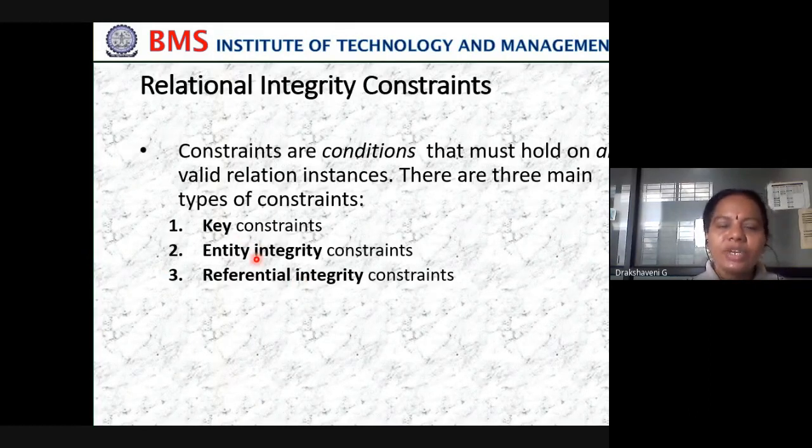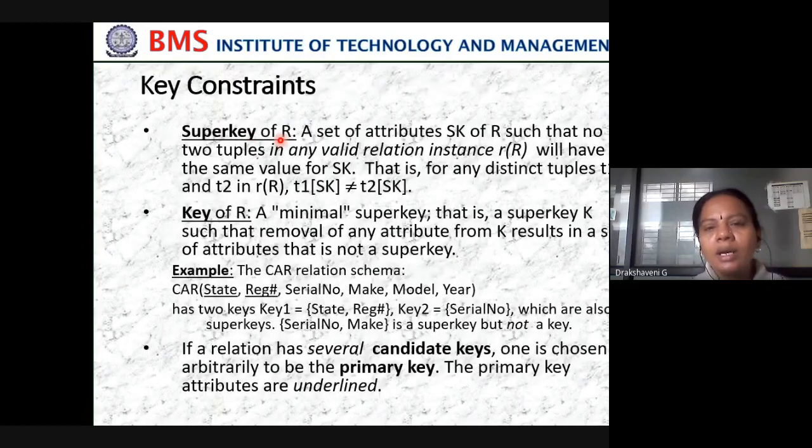So what are key constraints? A key is what uniquely identifies all of you. When you initially join the MCA course, on the first day we don't know your names. Later, after one or two days, we recall your names.